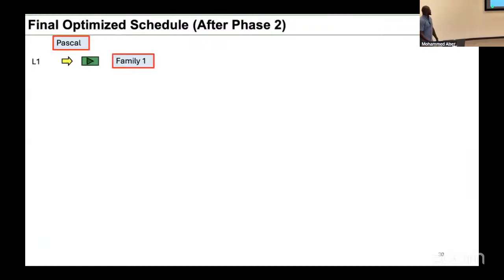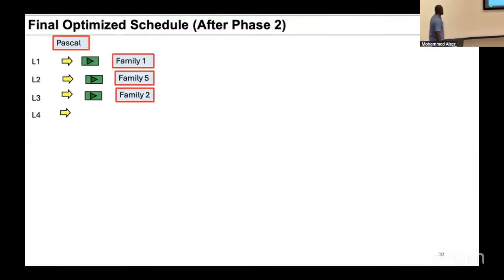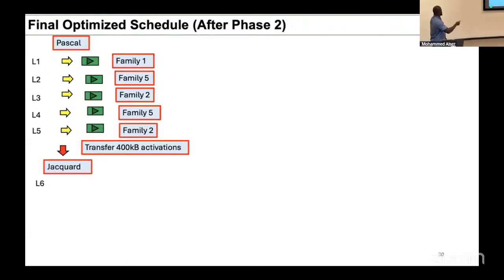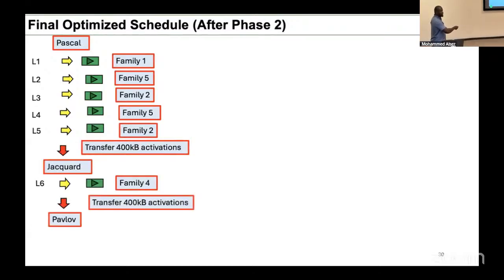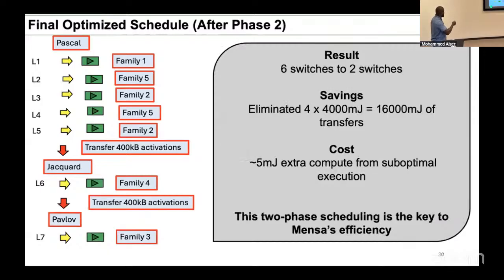Yes. So this is what it's going to look like after we finish. All the first 5 layers will run in the accelerator Pascal, and like I showed in the previous slide, layer 6 will transfer to Jacquard, and finally transfer to Pavlov.